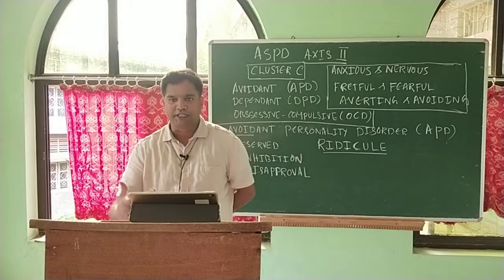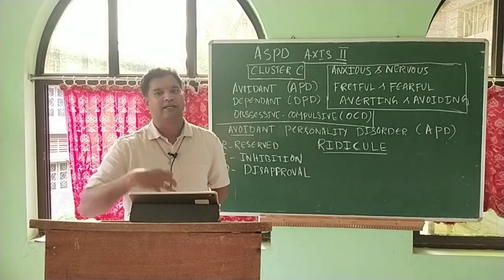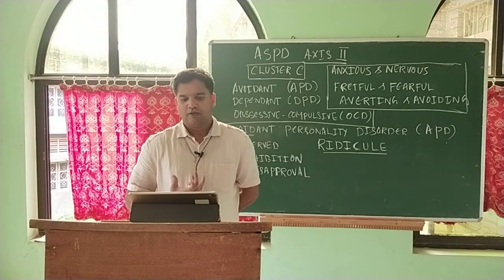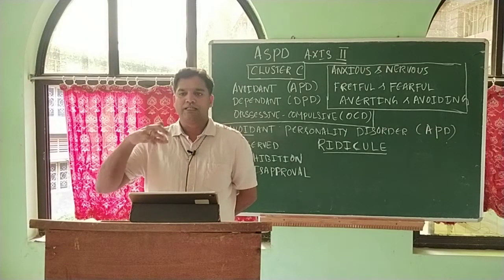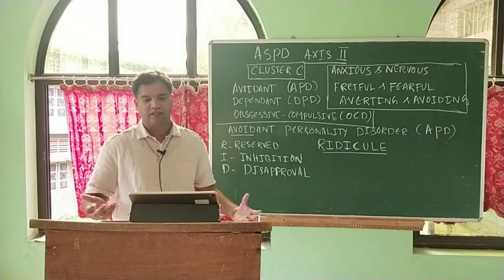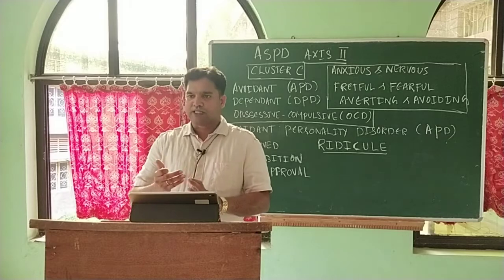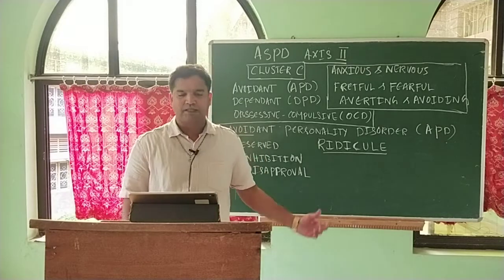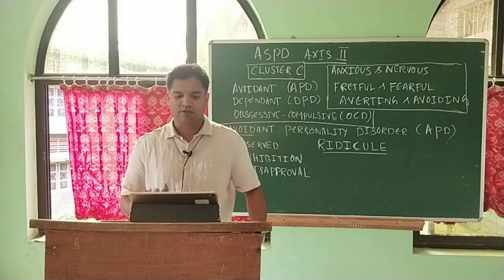They will not be appreciated by others. They will not be accepted by others. That is their fear. So disapproval is expected at work, which pushes them backward. Because of this fear, they withdraw themselves.